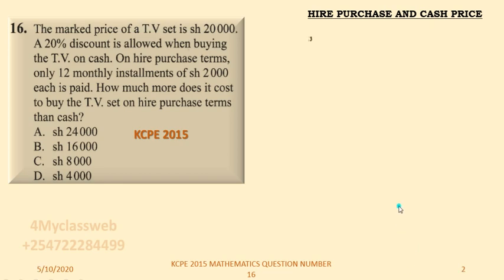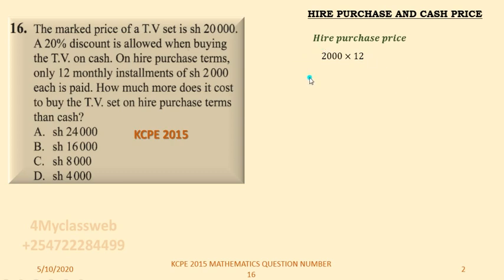Now let us work out the hire purchase price. Since there is no deposit here, we shall just take the monthly installment of 2,000 shillings and multiply by 12 months.